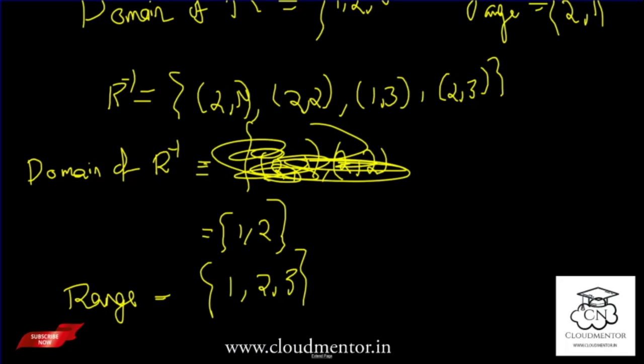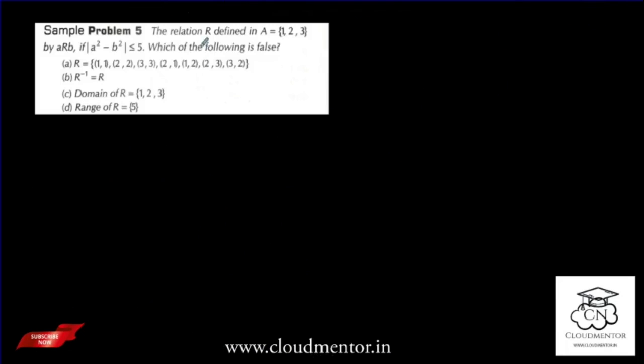So let's move to the next question. The relation R defined in A equal to set 1, 2, 3 by A related to B, if mod a square minus b square is less than or equal to 5. Which of the following is false?